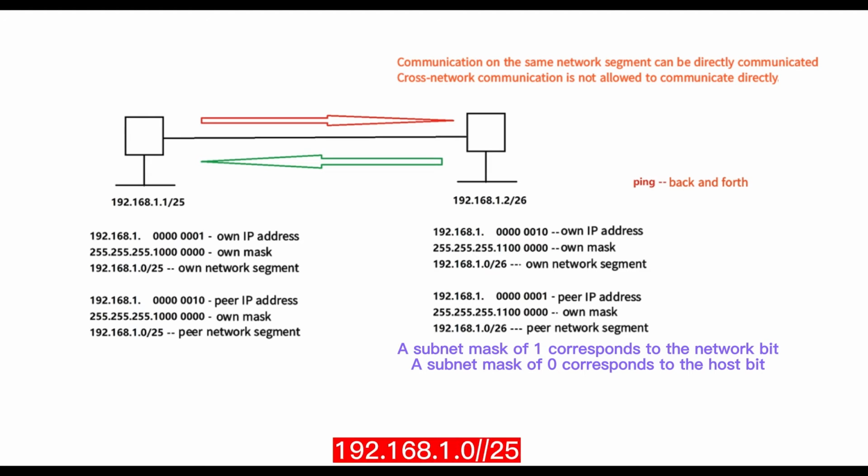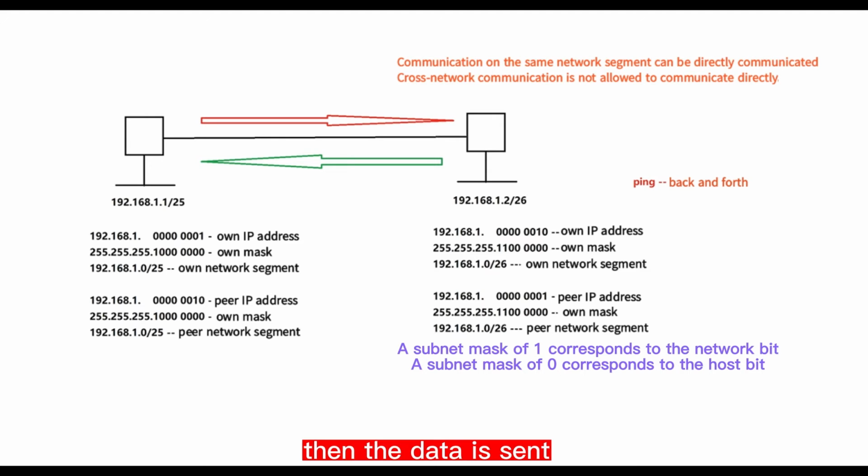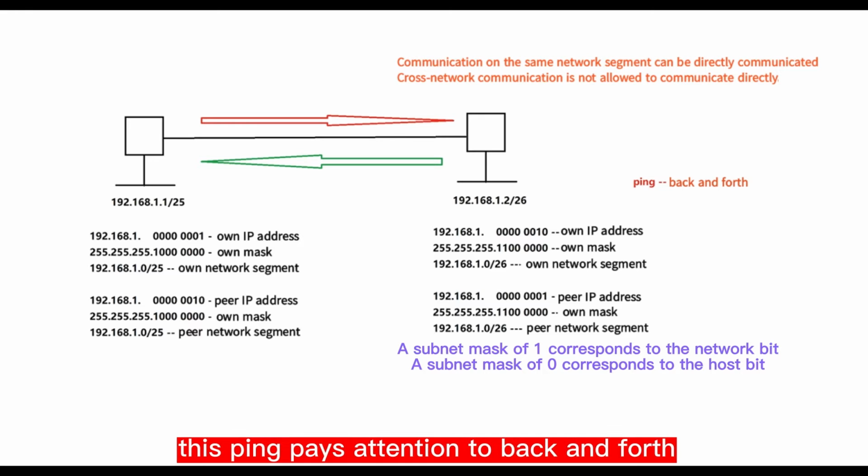The result is 192.168.1.0. This is the network segment of the other party as calculated by PC1. Now PC1 thinks they are in the same network segment, so the data is sent. The data has arrived at the peer. This ping needs to pay attention to the back and forth.